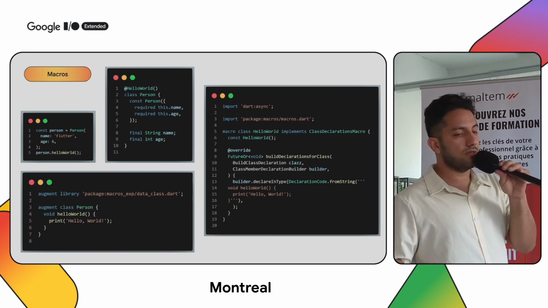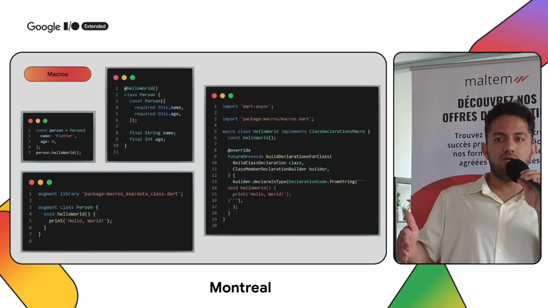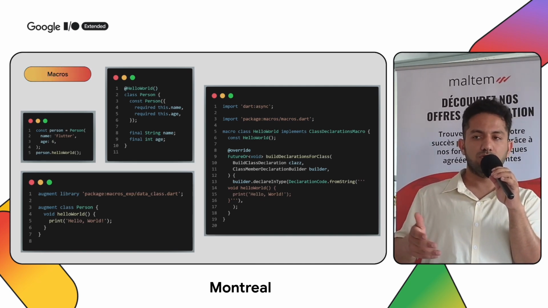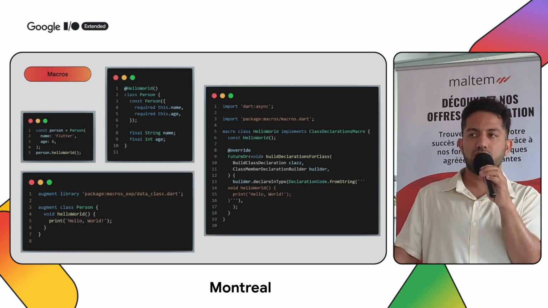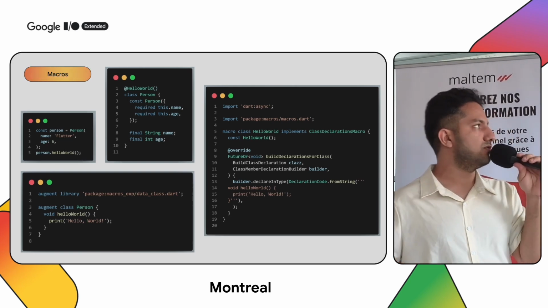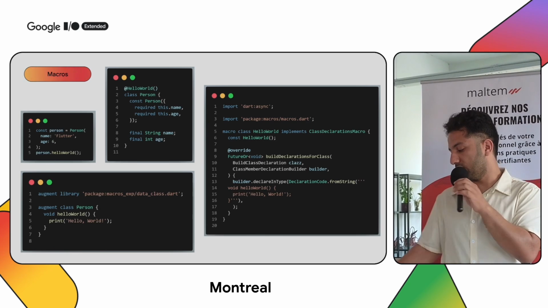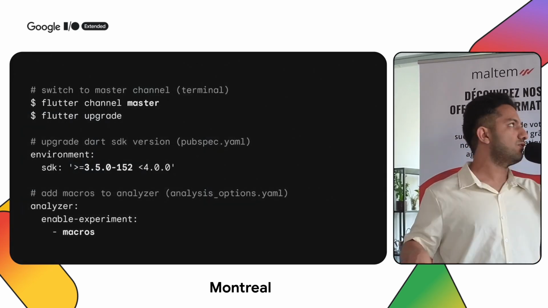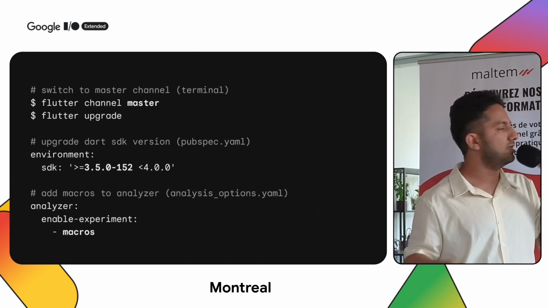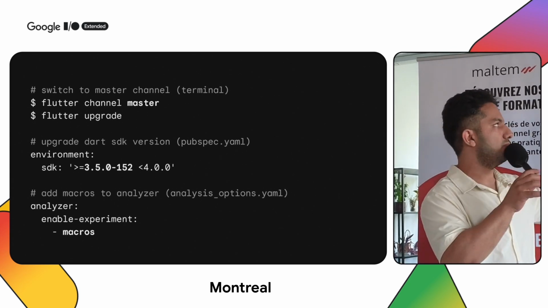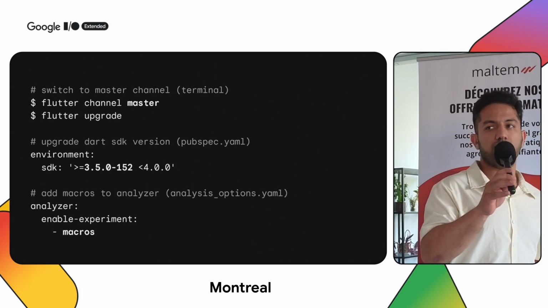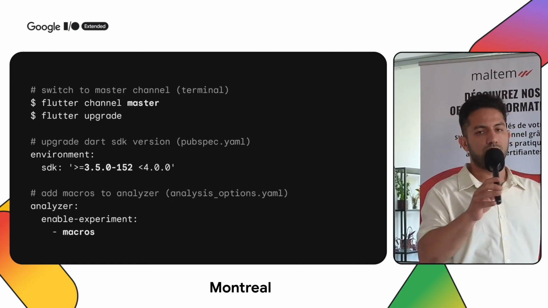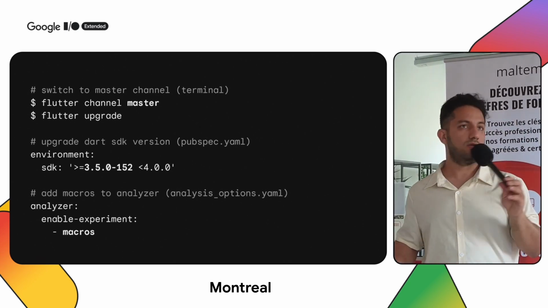You can also add any generation tools within your programming, not only JSON, and you can use them within the augmentation classes. For enabling macros, you have to first add a specific version of Dart and Flutter, and then you can enable it in your analyze option in your project.